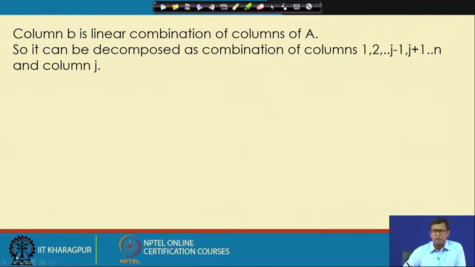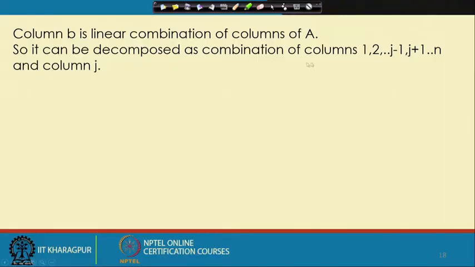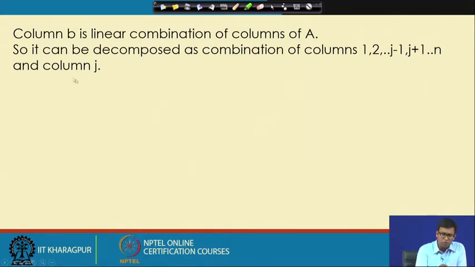So, B can be expressed as a combination of column 1 into a constant plus column 2 into a scalar plus column 3 into a scalar up to column n into a scalar. So, we can write it as a combination of columns 1 to j minus 1, columns j plus 1 to n, and also column j, a combination of all columns basically.